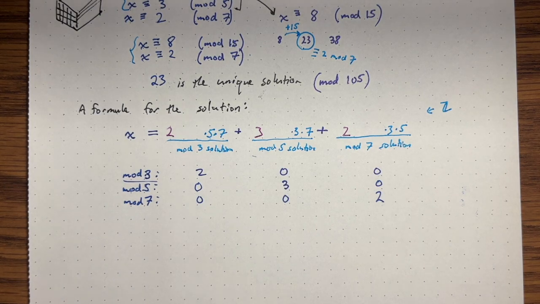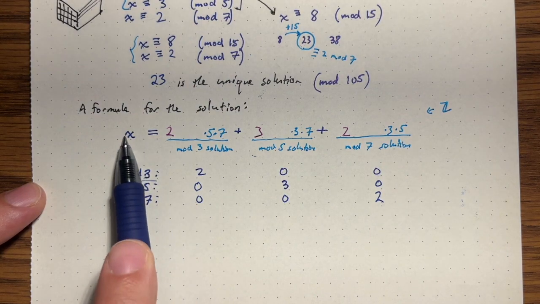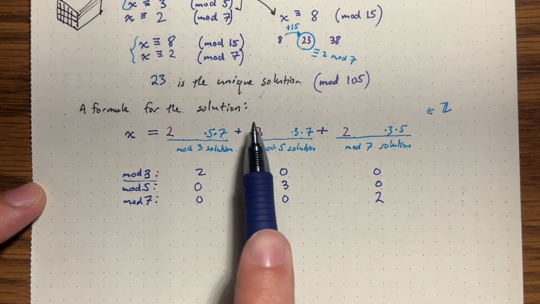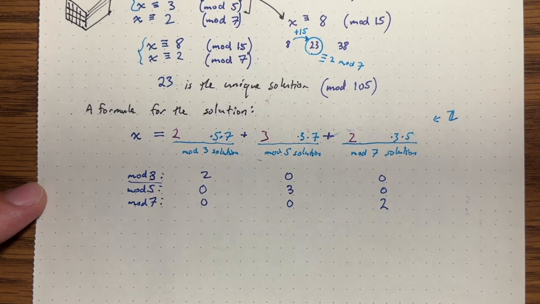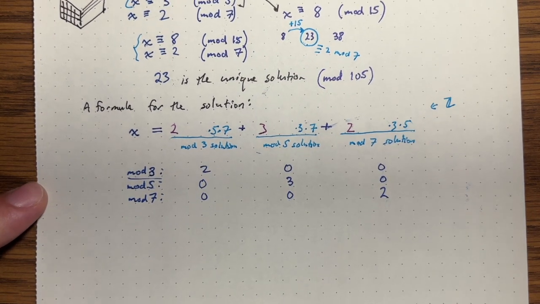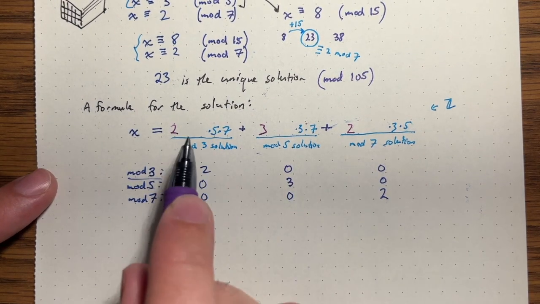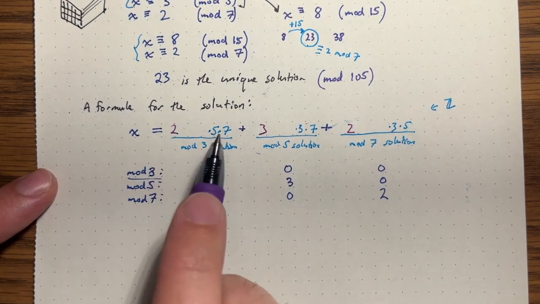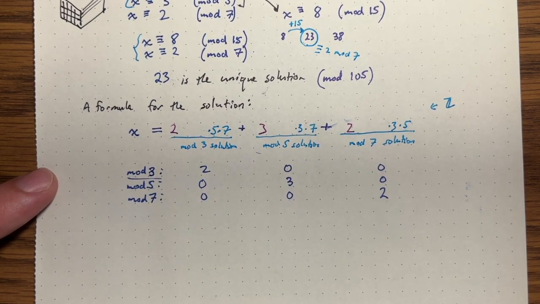But do you see the problem now? If I look at this mod 3, great, I get 2, and these cancel out. However, I have this 5 times 7, which is rather annoying. I would like to do one additional thing here so that the 5 and the 7 will actually cancel out when I look mod 3.